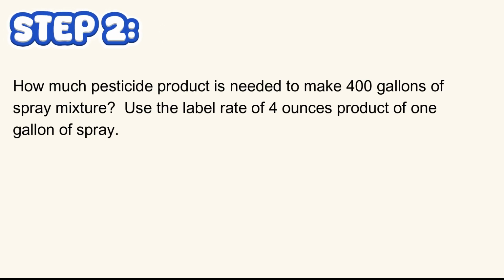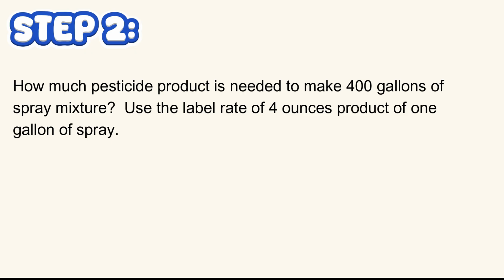Now that we've figured out we need 400 gallons of finished spray mixture to treat our 10-acre application area, we need to know how much pesticide product is needed to make 400 gallons of spray mixture. Let's use the label rate of 4 ounces of product per 1 gallon of spray.